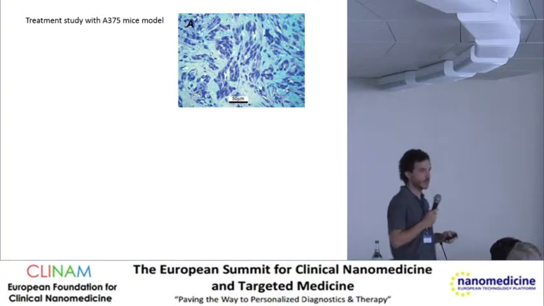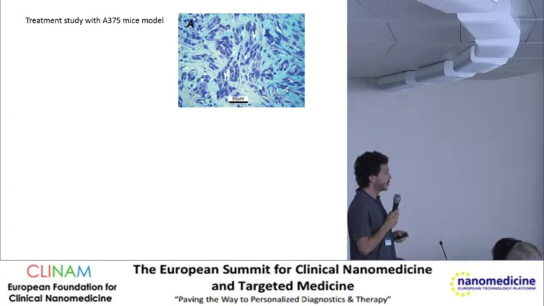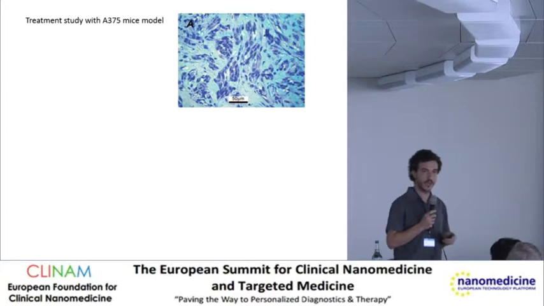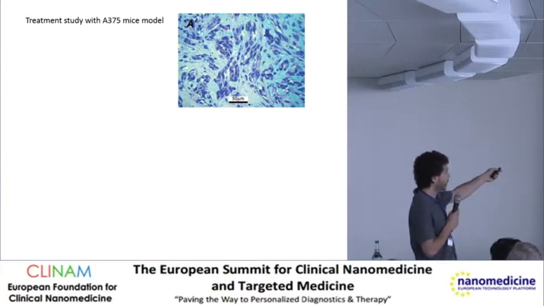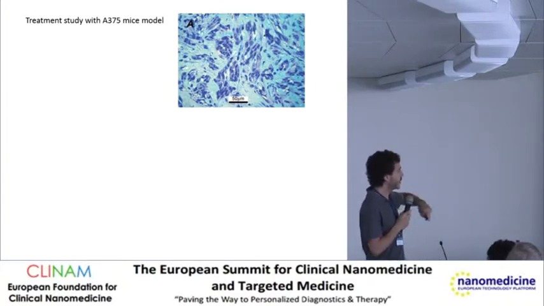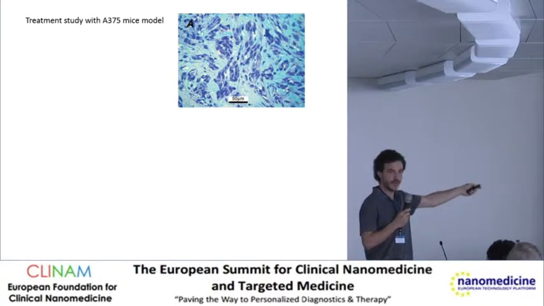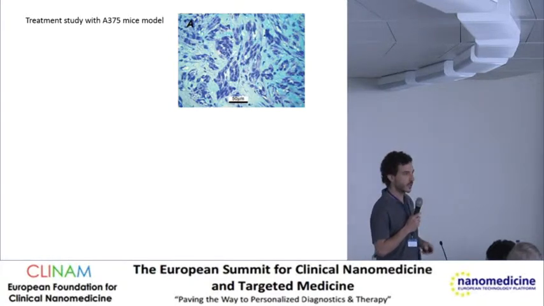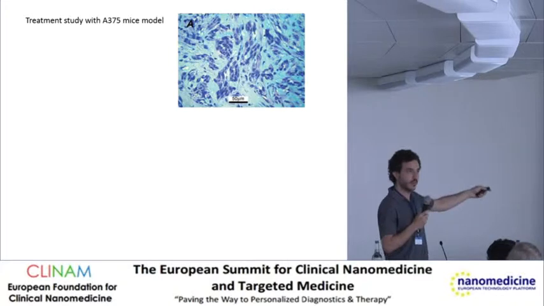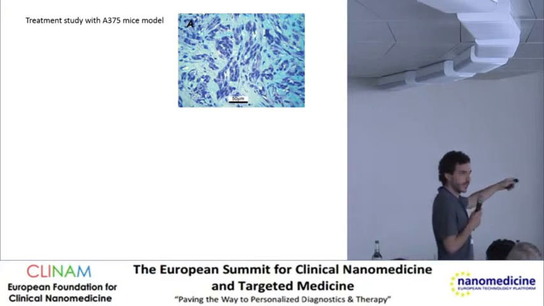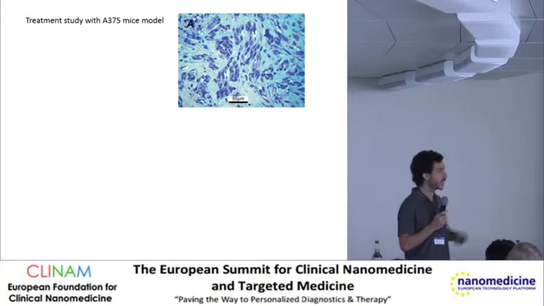So we went ahead and we tested these particles as an adjuvant for a melanoma model, which is this model A375. And we checked first that it's highly expressing HA. So in blue, it's a stain for HA, which is Alcian blue, which is a typical stain.